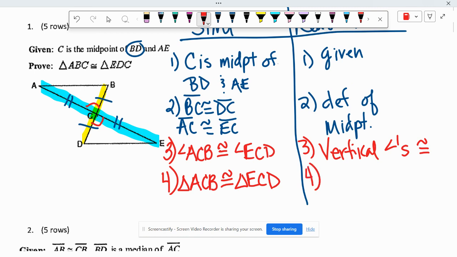What was your reasoning, Aiden? Side angle, side. Let's look at that. So I have side, angle, side on triangle ECD. And then I also have side, angle, side on ACB. Look at that. Okay.